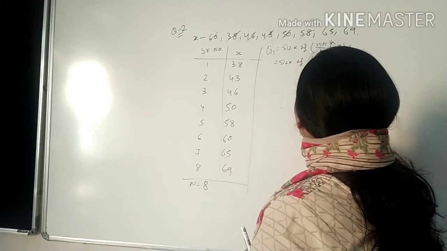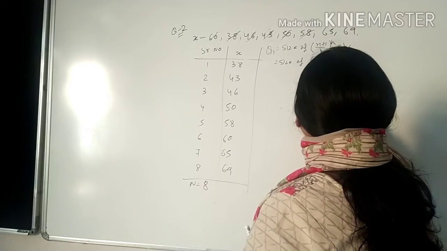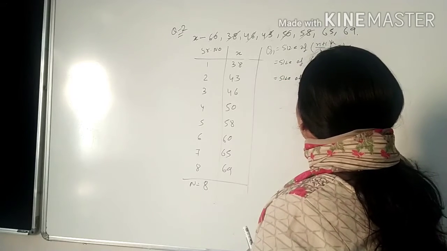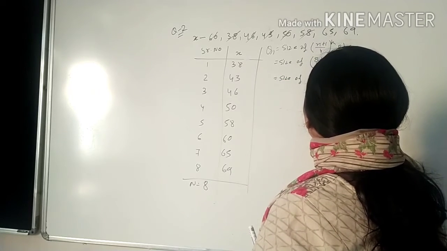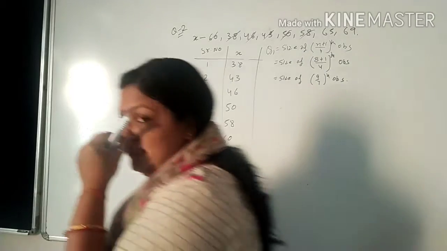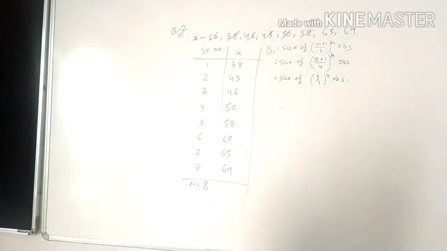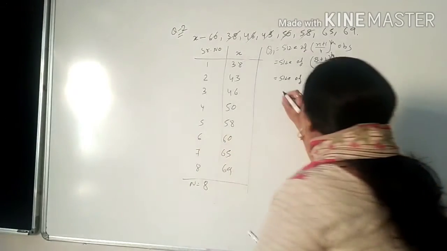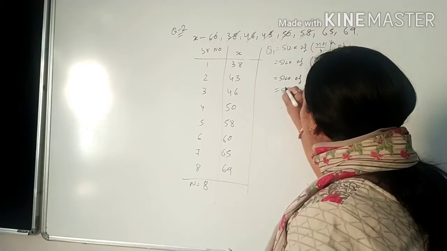So 8 plus 1 by 4th observation, it means size of 9 by 4th observation. Divide this by 4, so it is the 2.25th observation.